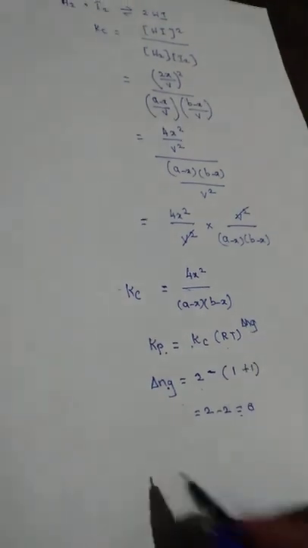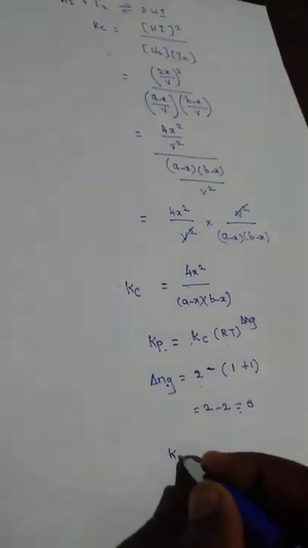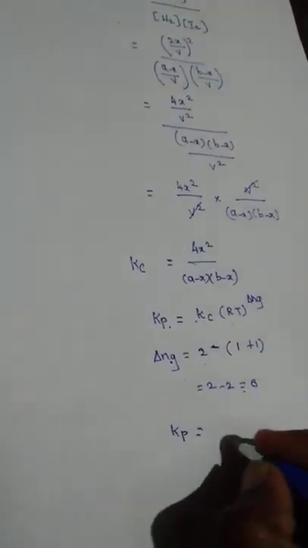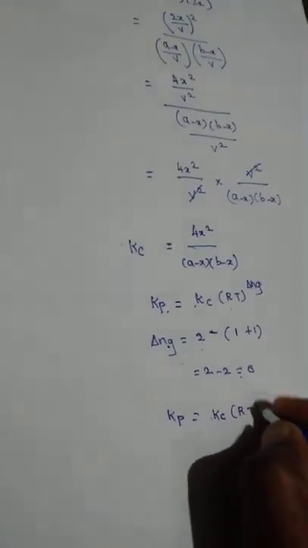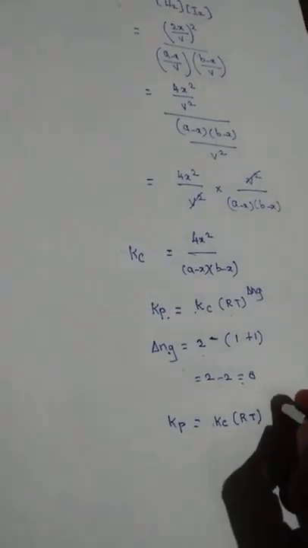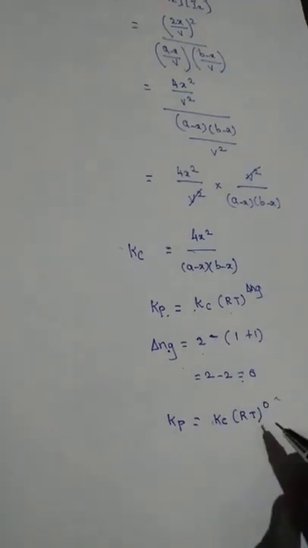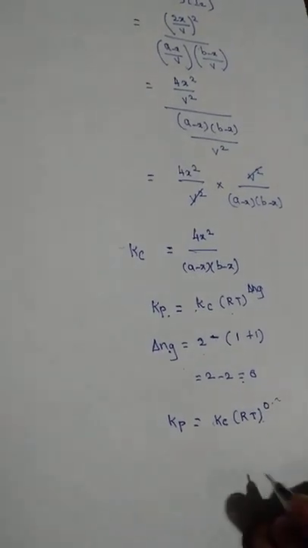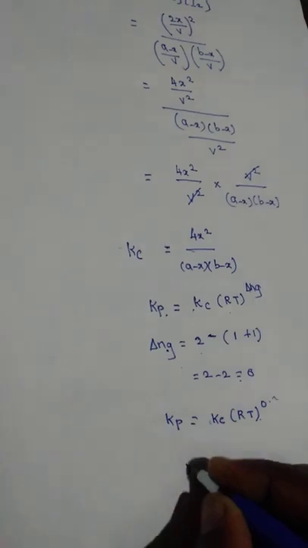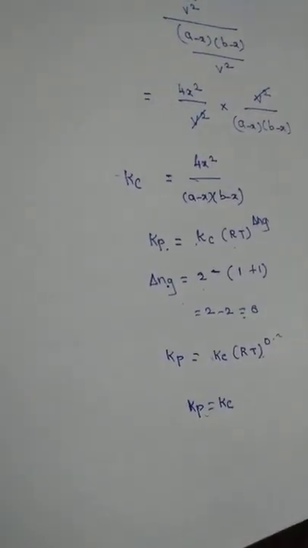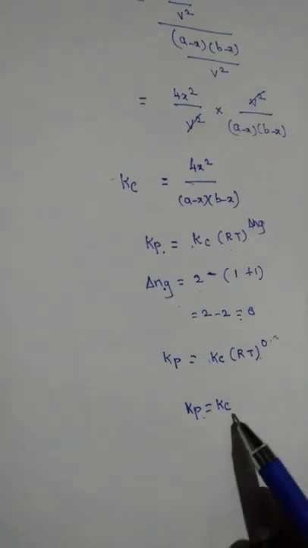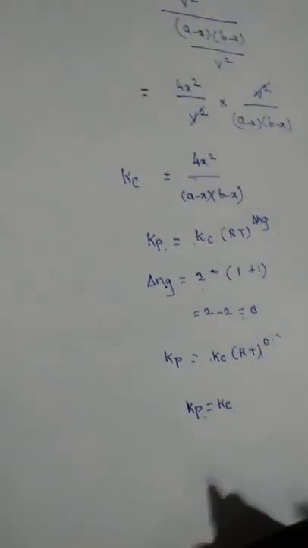So can you substitute the value? Kp is equal to Kc into RT power delta Ng value 0. Anything power 0 is 1. So you can write the formula: Kp is equal to Kc. Now substitute the value of Kc.